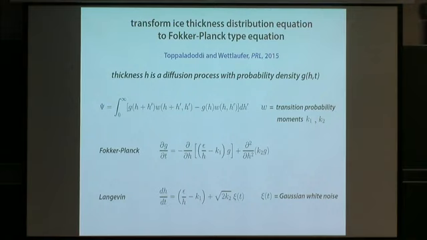And I know that John is very close to Grae Worster, who I know is here in DAMTP. Anyway, John made a very interesting breakthrough: viewing the ice thickness distribution equation basically as the thickness undergoing a diffusion process with a probability density, and then the probability density is going to satisfy a Fokker-Planck equation.